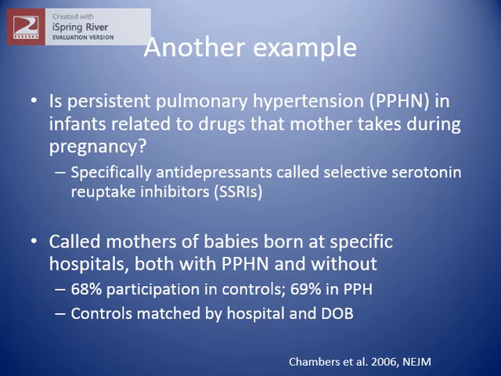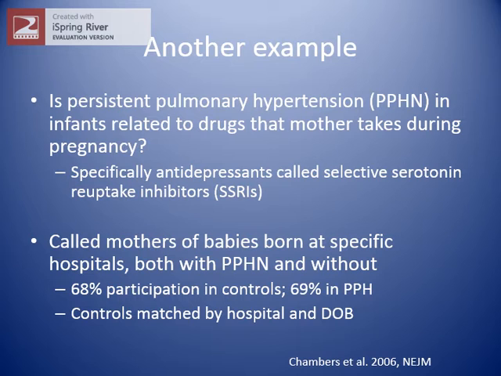They called all the moms of babies born with this condition, PPHN, and then they matched to some controls who did not have the condition. The babies did not have the condition. They called those mothers as well. 69% of the moms that were called whose babies had PPHN participated, 68% of the controls did.